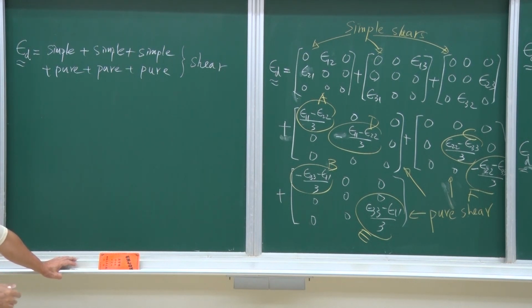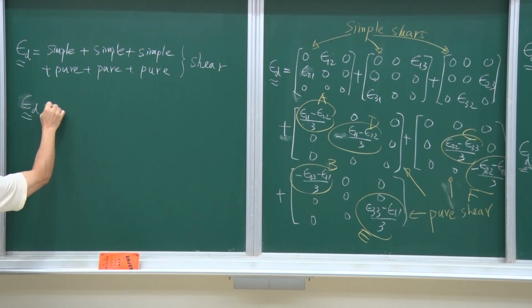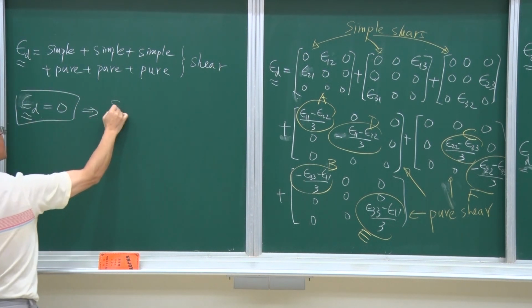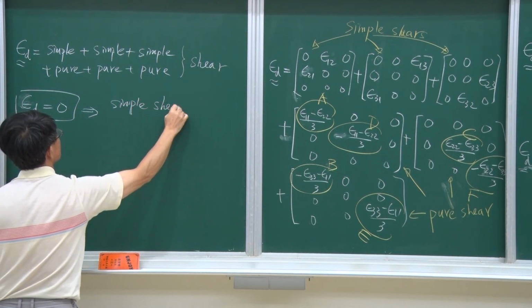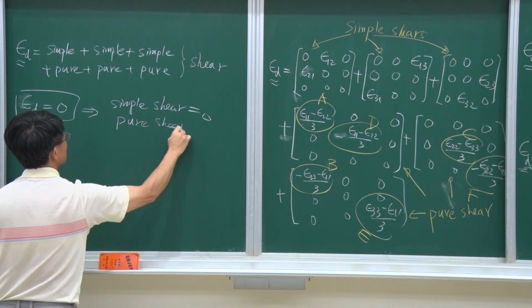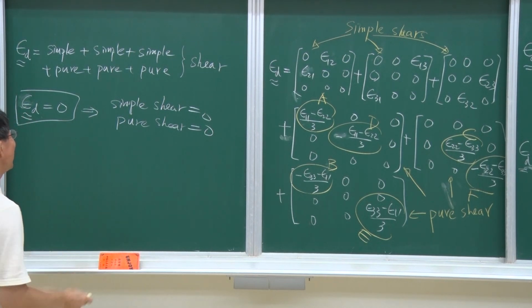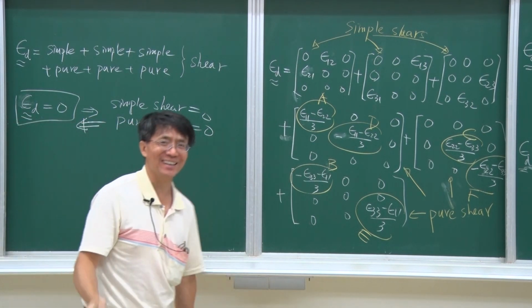You can see when this equals 0, all the simple shear equals 0, pure shear also equals 0. As a result, it can really represent all the shear.